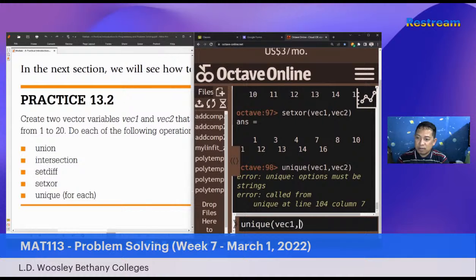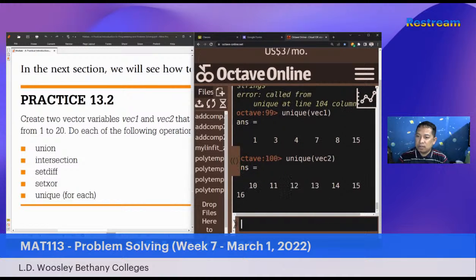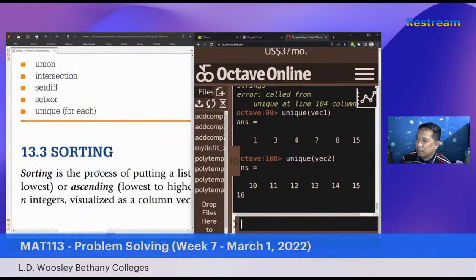Unique. Then unique, yan. So puro unique yun, ibig sabihin walang double. So that is practice 3.2.